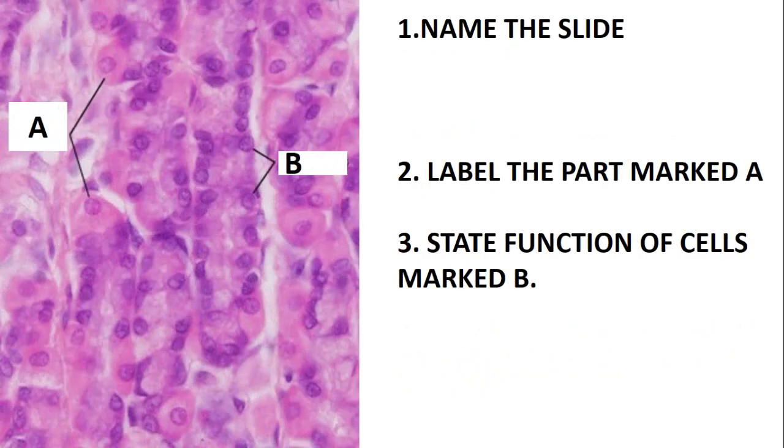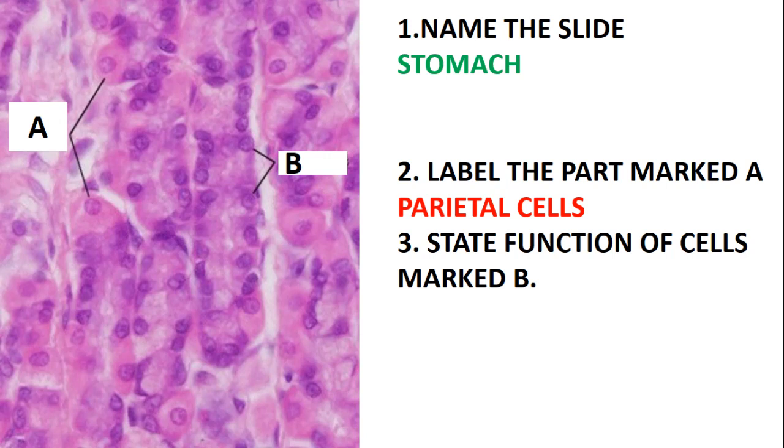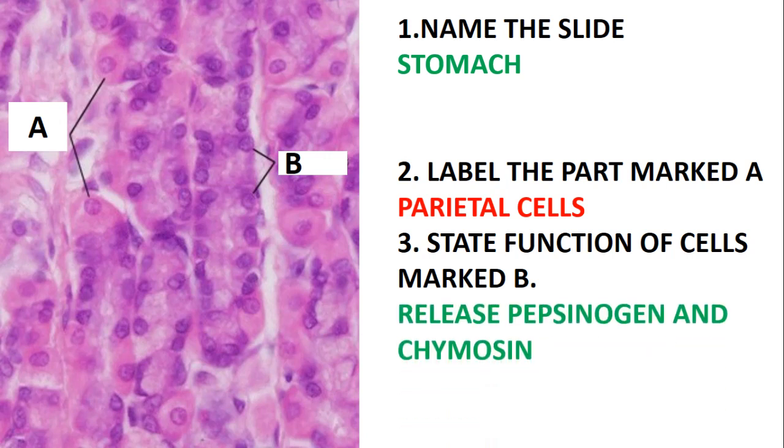Name the slide. If you look at this slide, once again, they have just projected the cellular content of this slide. You can look at the parietal cells, you can look at the chief cells. So this is just the stomach. Label the part marked A, which are just the parietal cells. State the function of cells marked B. The function of the chief cells is just to release pepsinogen and chymosin.